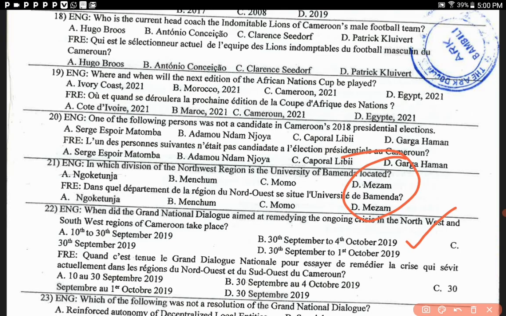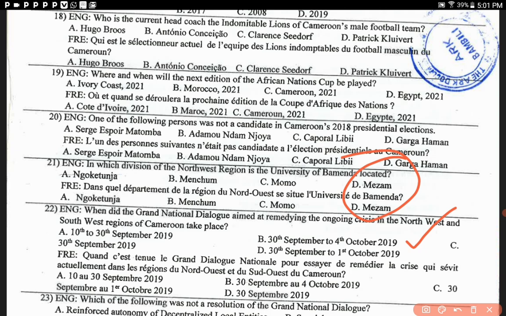This date marked the period of dialogue sessions when different committees were created. The aim was to remedy the ongoing crisis in the Northwest and Southwest regions of Cameroon. During this time, a National Disarmament Commission was created.